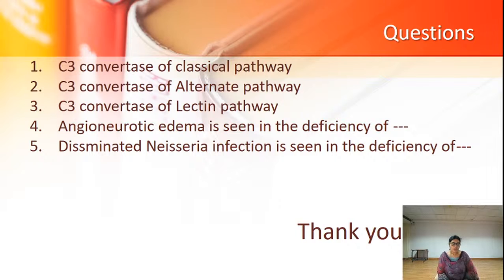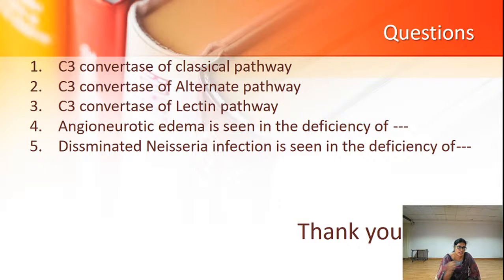Okay, time up. The answer for the C3 convertase of the classical pathway is C4b2a. But remember, while writing in the exam, you should write a line over it, because it indicates that these are active.